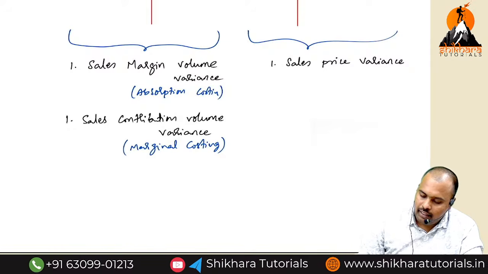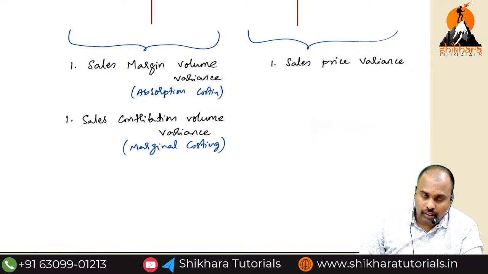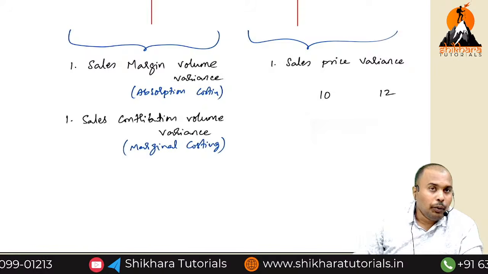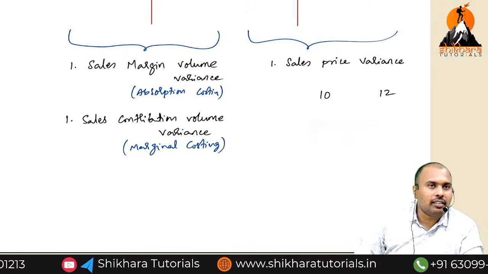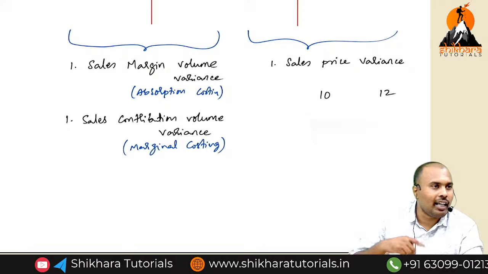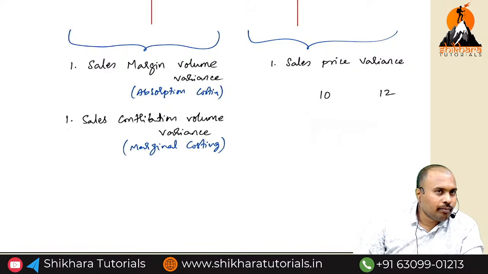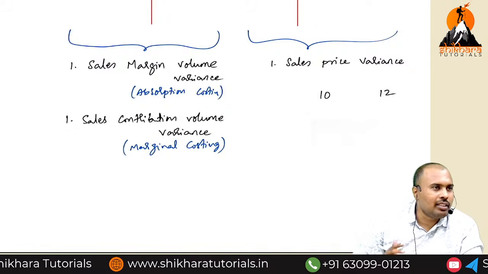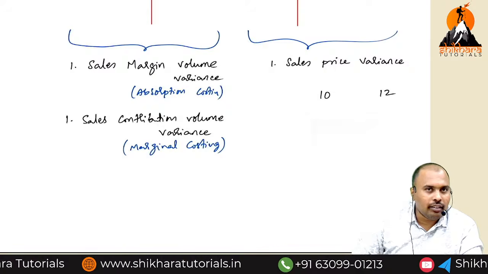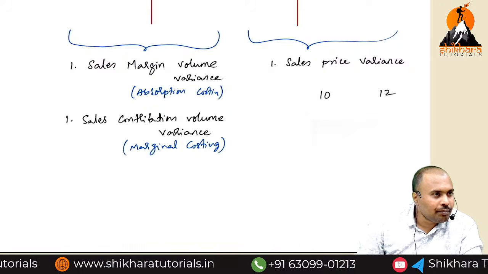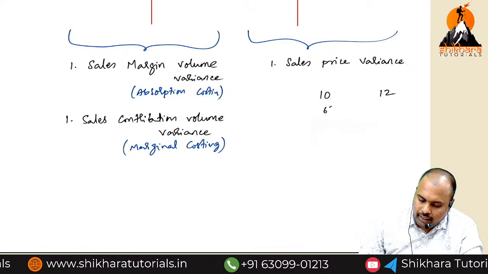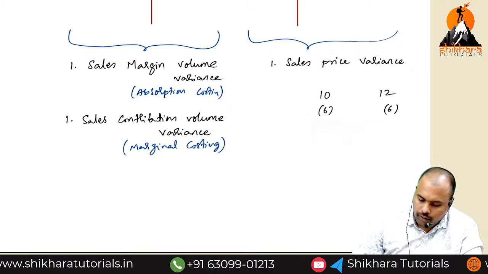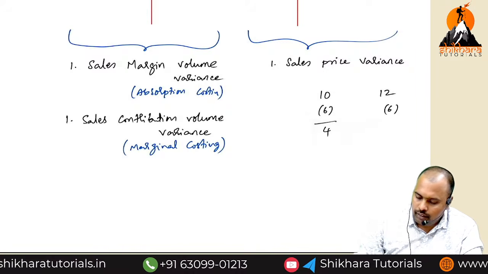Let me discuss why. Let us say standard price is 10, actual price is 12. What is the difference? 2 rupees. For margin price variance, in place of standard price and actual price, I have to take standard margin and actual margin, as in yesterday's class. While calculating the margin from the price, I am supposed to deduct the standard cost per unit, let us say 6 rupees. Now the standard margin is 4, actual margin is 6.